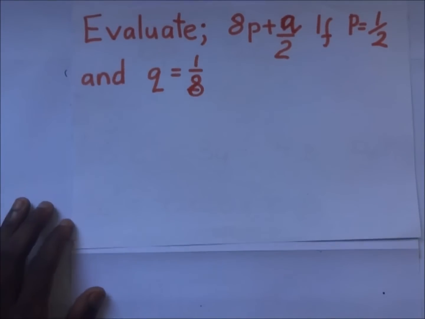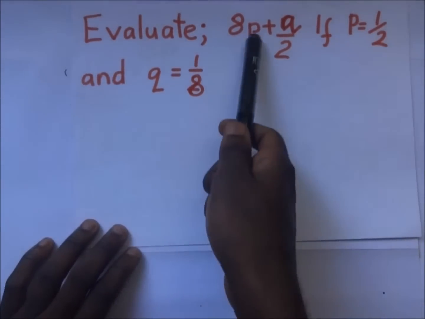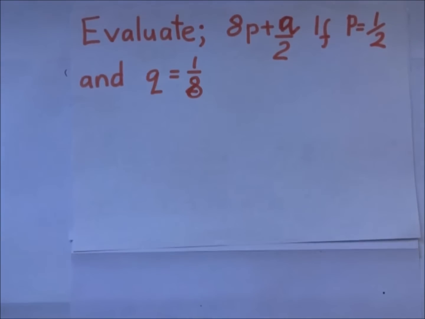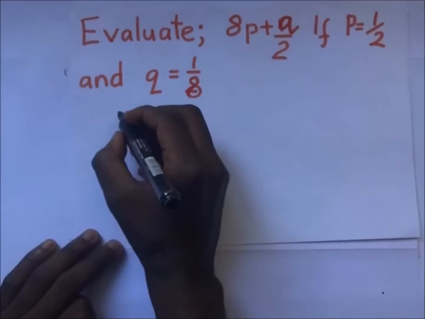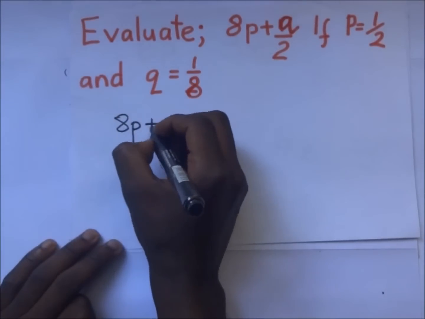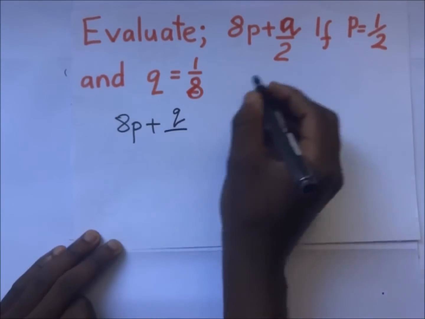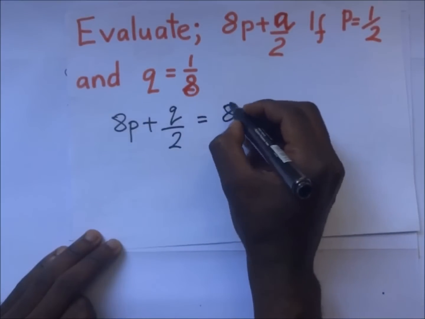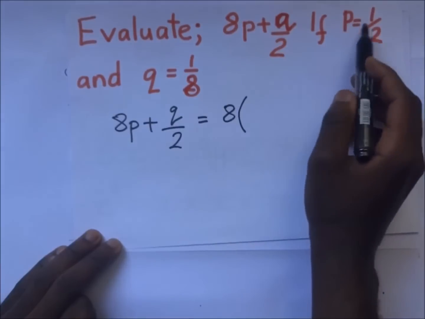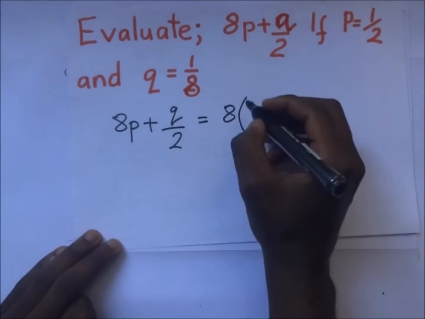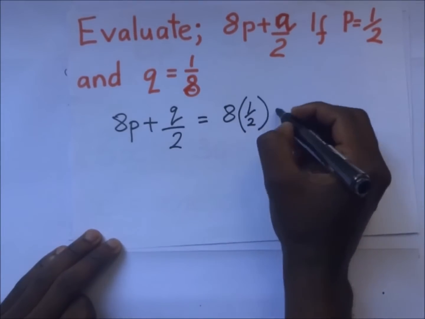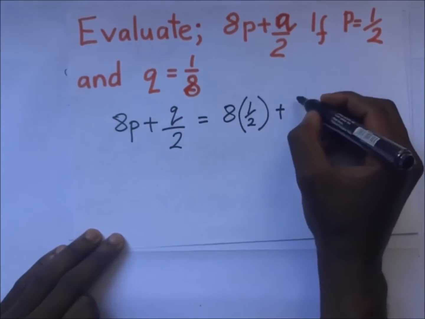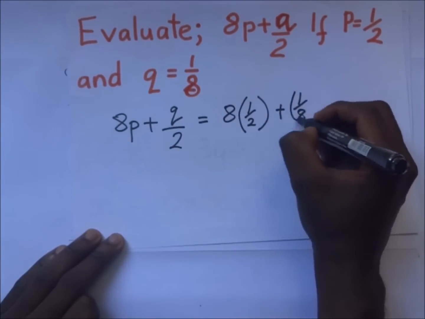In our next example, they are asking us to evaluate 8p plus q over 2 if p is a half and q is an eighth. Still, we are going to substitute. 8p plus q over 2 is going to be equal to 8 times our value of p. Our value of p is a half, so it's going to be 8 times a half plus q. Our value of q is 1 over 8, so plus an eighth.